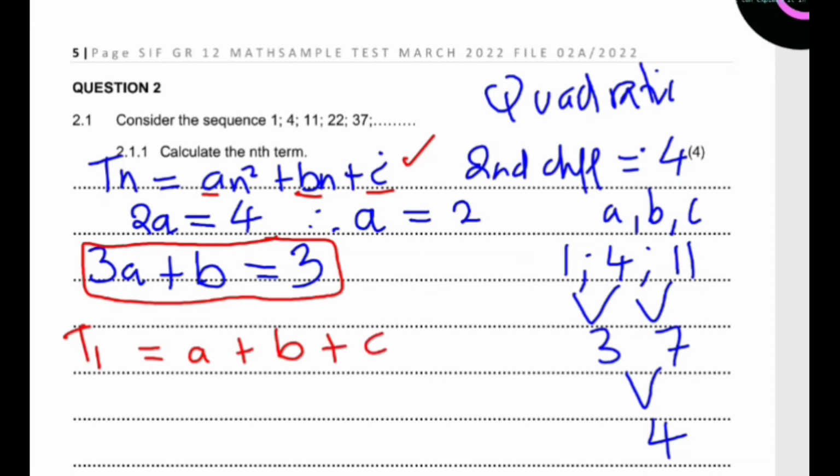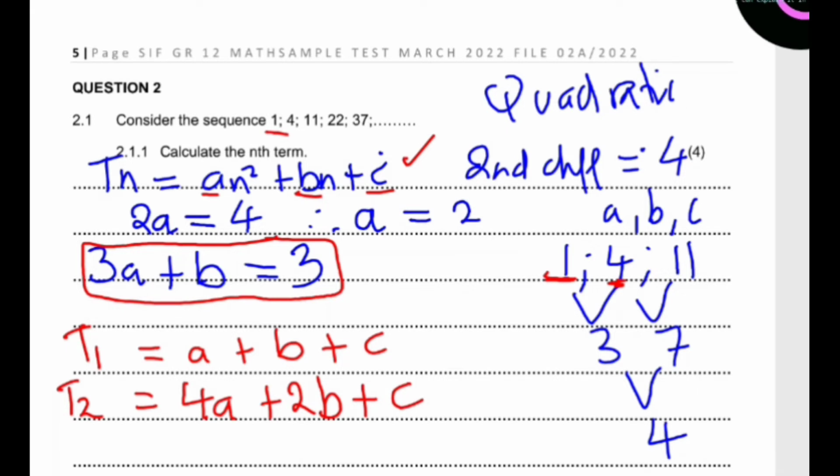So in other words, the first value 1 in the pattern is actually a plus b plus c. Okay, what about the second term, the 4? Well, it means n is now 2. So where there is n, put 2, you're going to get 4a plus 2b plus c.